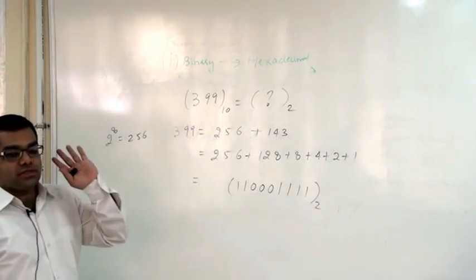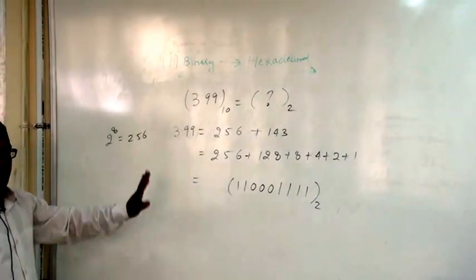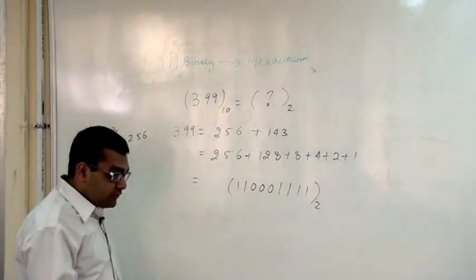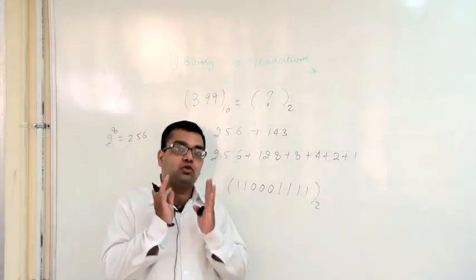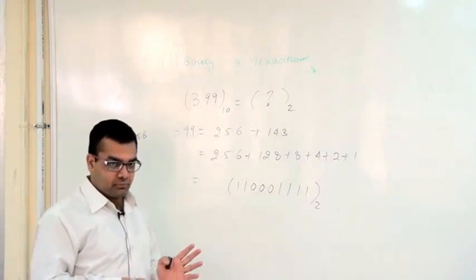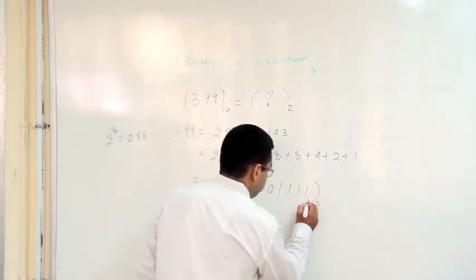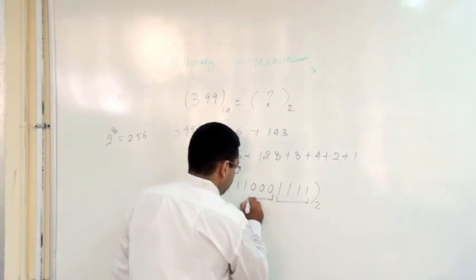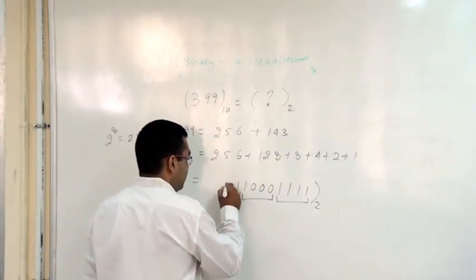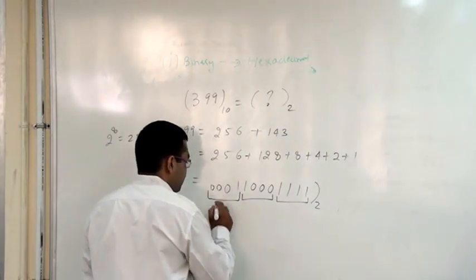Now I want to write down its hexadecimal. So this is the binary number given to me and I want to write down its hexadecimal. In the case of octal, starting from the LSB we made groups of 3. Now we will be making groups of 4. Okay, so again 1 is left, so we pad 3 zeros.